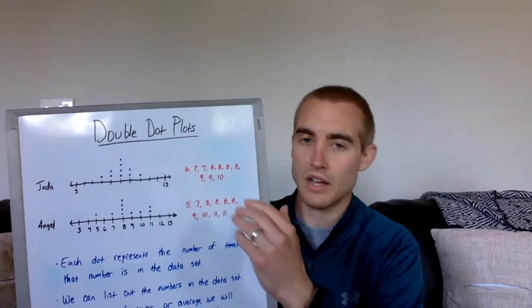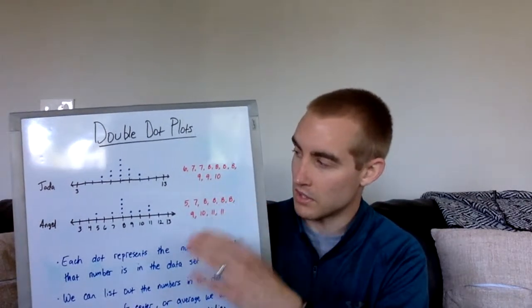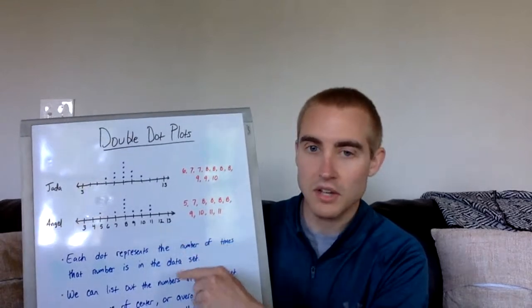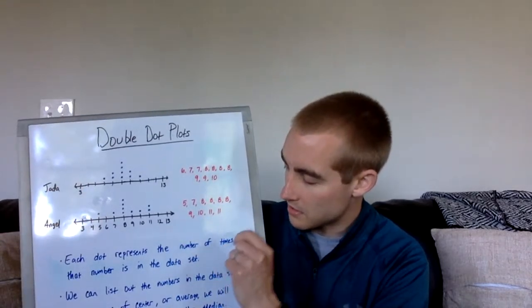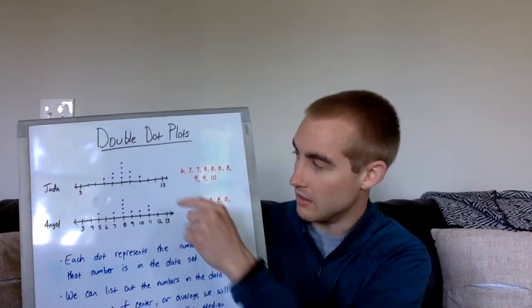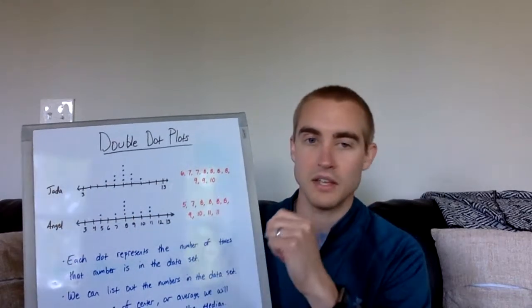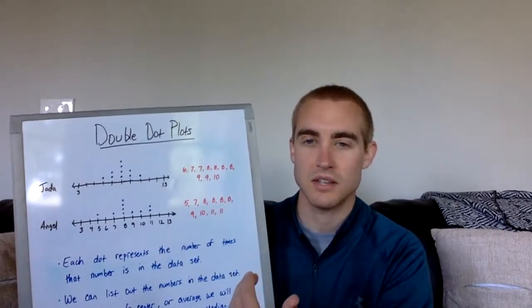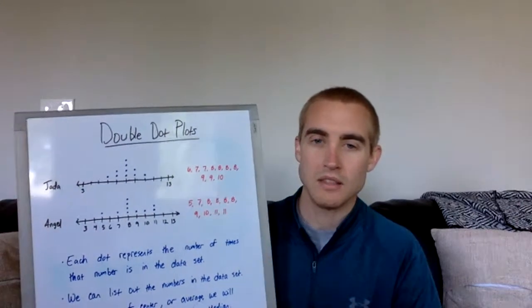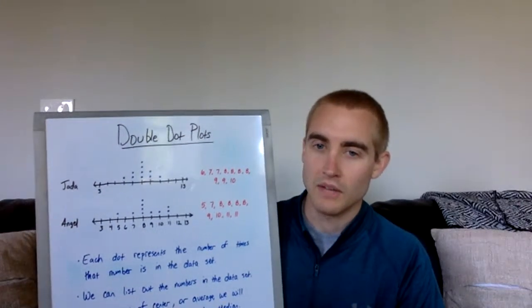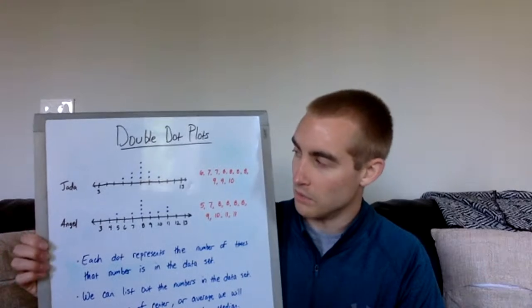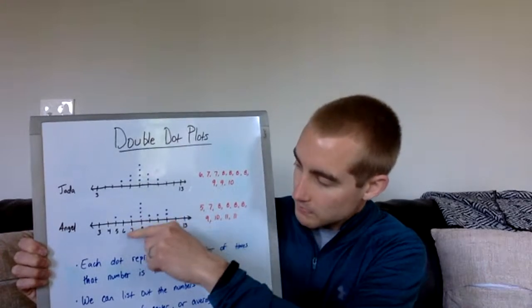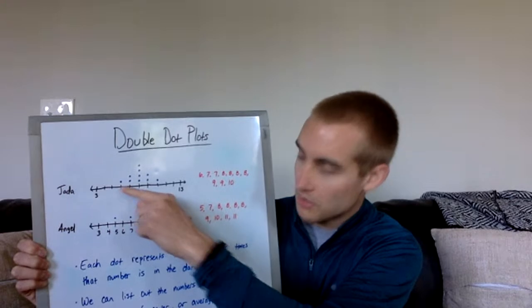So first of all, this is the dot plot for example 1. Each dot represents the number of times that this number is in the data set. We've got 2 different data sets that we're focused on in this dot plot, for Jada and for Angel. If we look at Jada's, at 6, there is 1 dot.